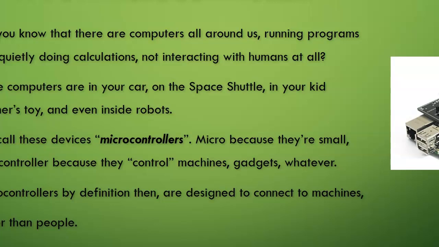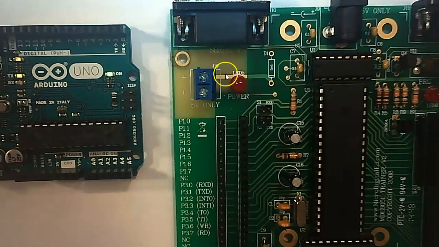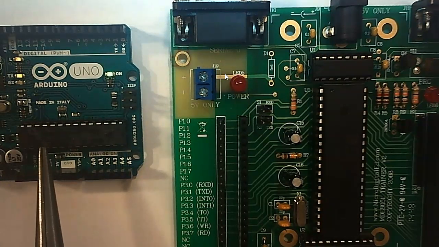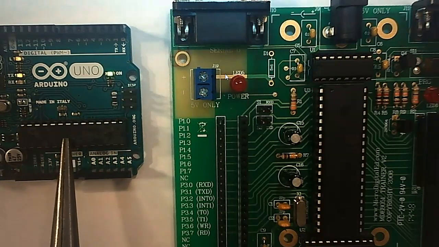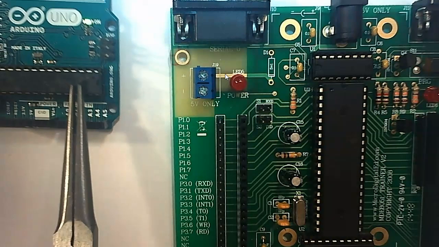Let's look at a couple that we are going to use. Right here I have two microcontrollers. The first one, and they're boards, so we call these boards because not only do they have the microcontroller IC, integrated circuit, which would be this right here. This is the IC.